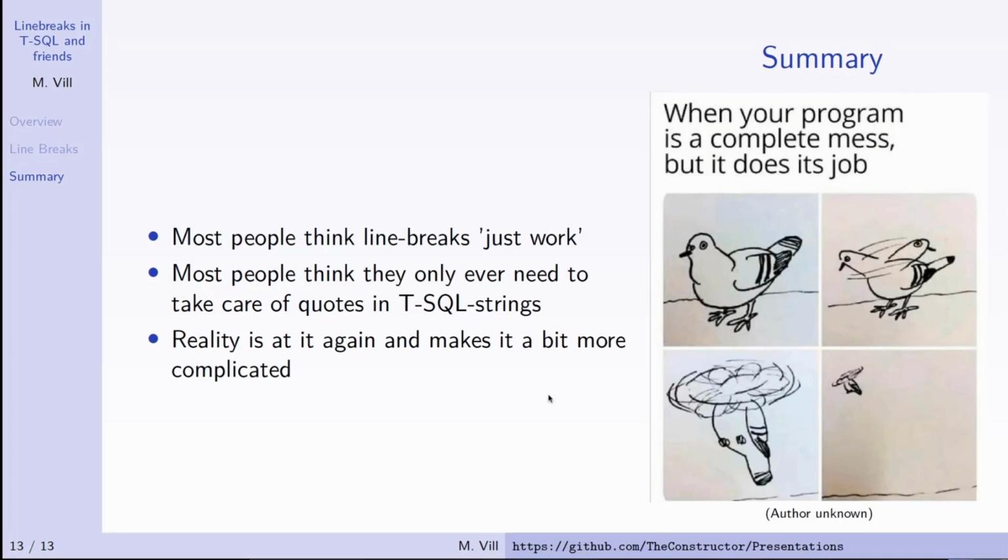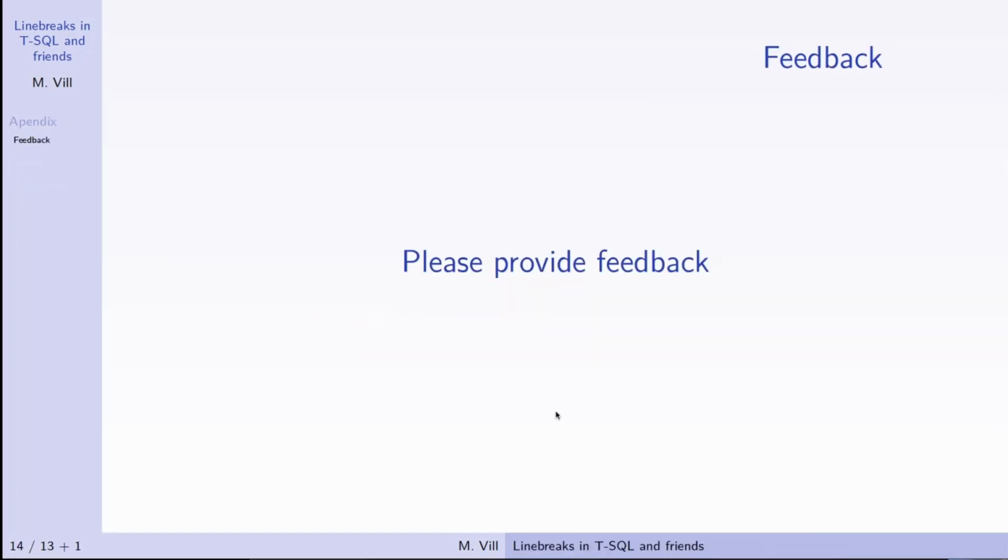Most people think line breaks just work, are a simple thing to do, and you don't have to take care of anything around line breaks. Just put them in the string and they work like magic. But the reality is, again, much more complicated. And if you're having these edge cases, probably also developing build automation or something like that, you probably should take 1 or 2 seconds to think about that.